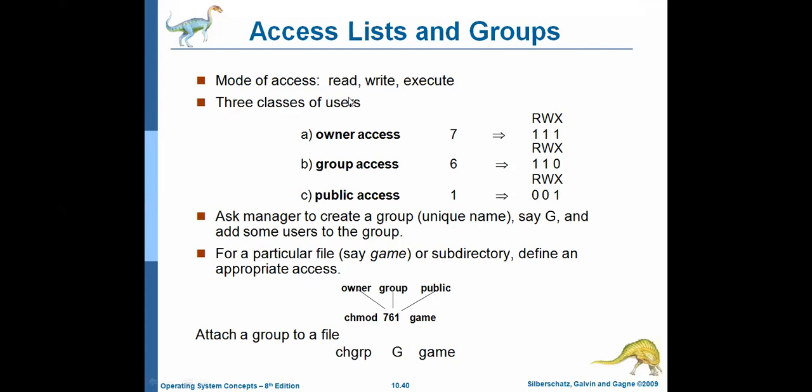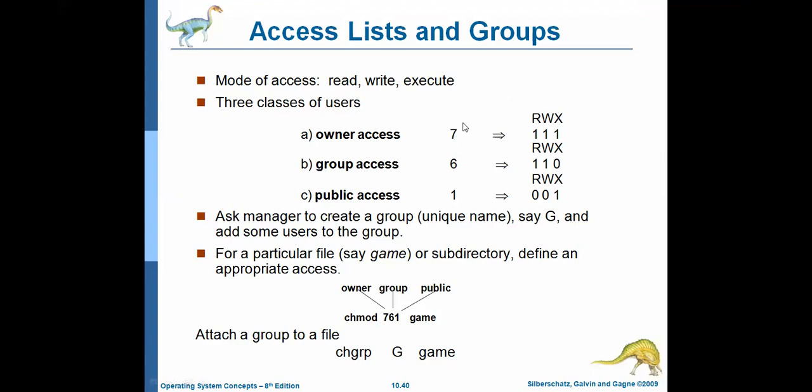Read means the value is 4, write means the value is 2, and execute means the value is 1. For the owner, the creator of a file, we need to give all three permissions: read permission 4, write permission 2, and execute permission 1. 4 plus 2 plus 1, 7.